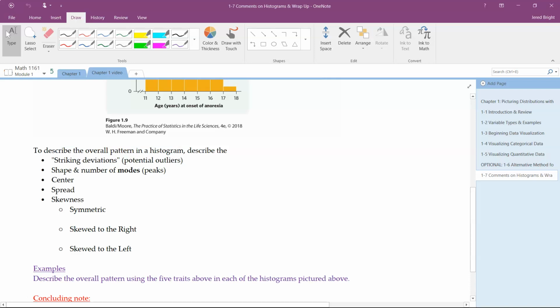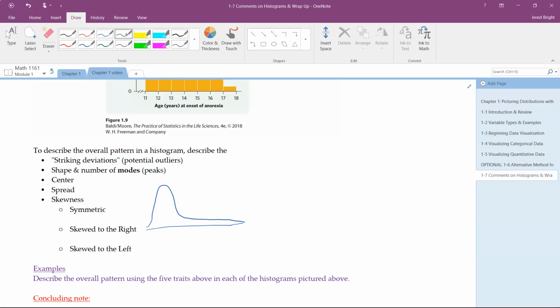Skew to the right means that the right side is going to have extreme values. There's going to be a tail. So graphically, what we would see for a distribution skewed to the right is a hump over here and then a long skinny tail off to the right side. So the right side has extreme values.